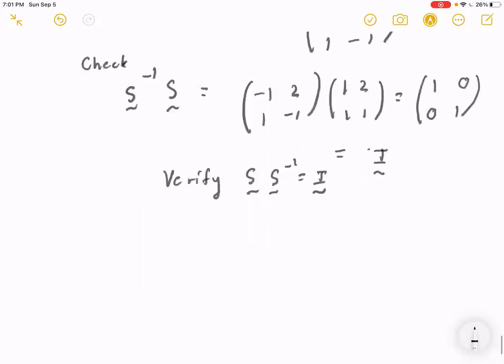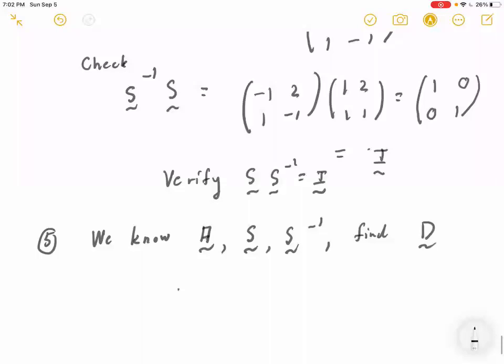Okay, so we're almost home. What do we know? We know A, we know S, we know the inverse S. So now we can diagonalize the matrix A. Matrix D, the diagonal matrix is S inverse A S, where the inverse goes first.